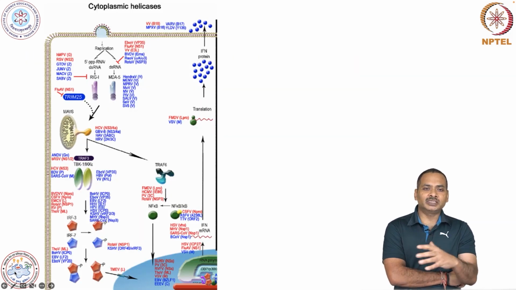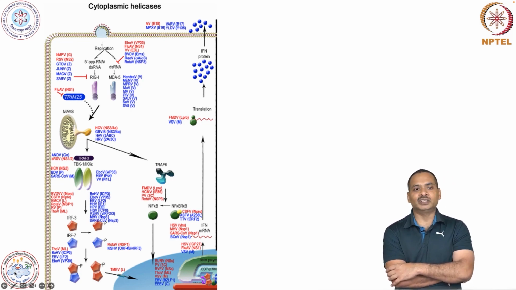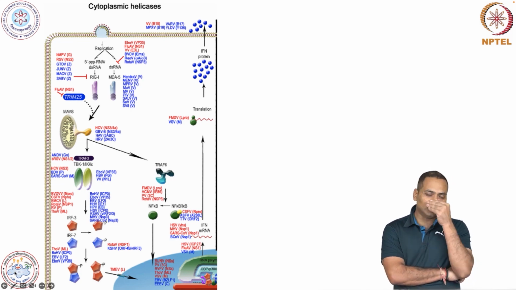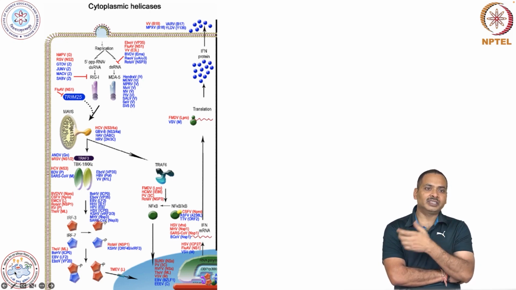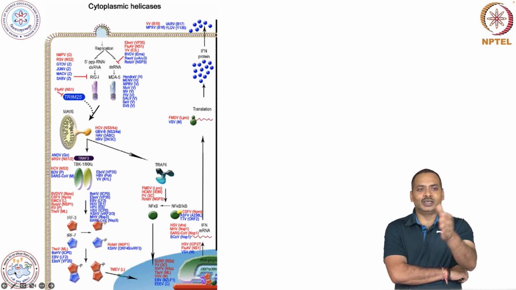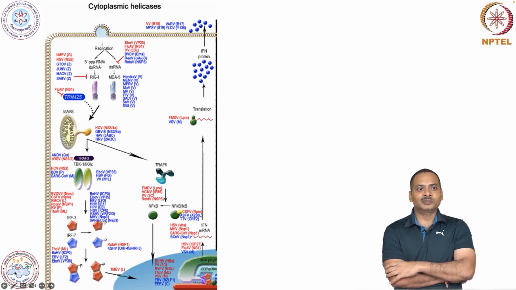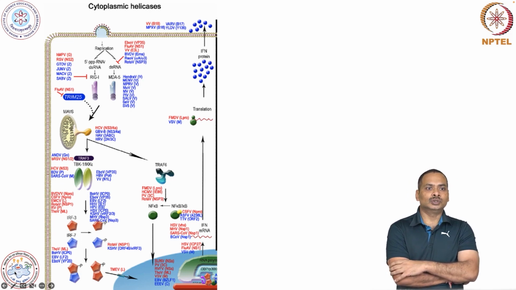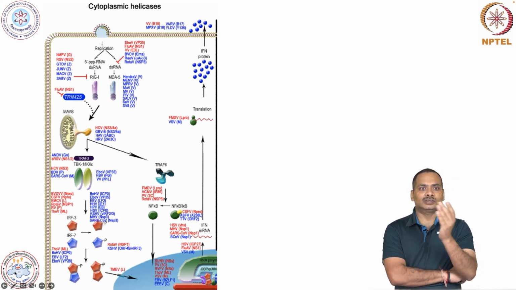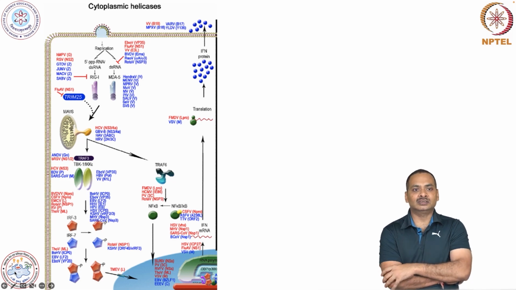This is quite a busy slide, and here I am just highlighting the cytoplasmic helicases. Here you can see RIG-I and MDA5. This RIG-I and MDA5 mediated sensing can be inhibited by so many viruses here, like RSV, MPV and others.